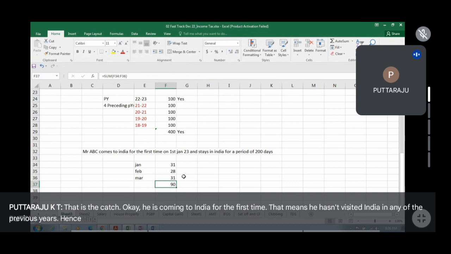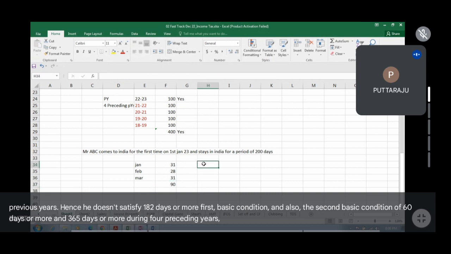Hence, he doesn't satisfy the 182 days first basic condition, and also not the second basic condition of 60 days or more and 365 days or more during 4 preceding years. Hence, he is non-resident. Are you understanding?